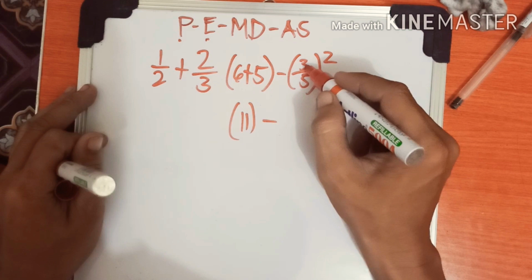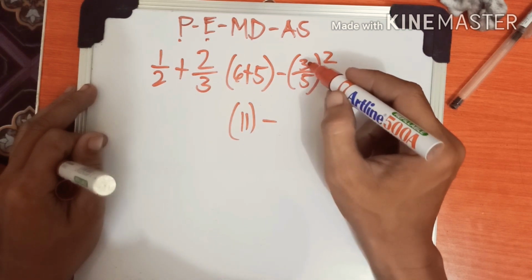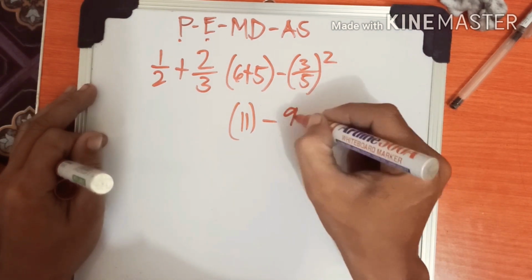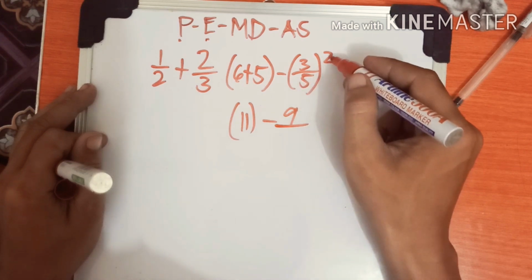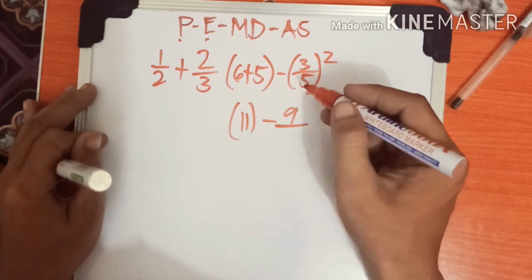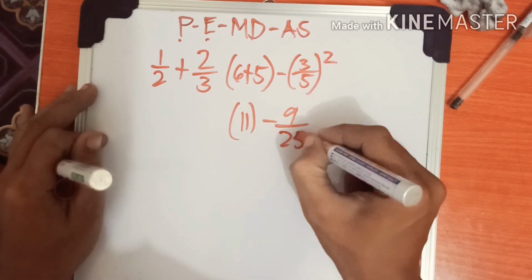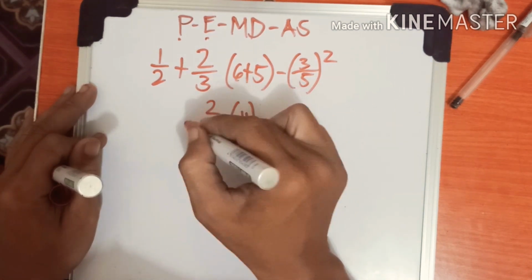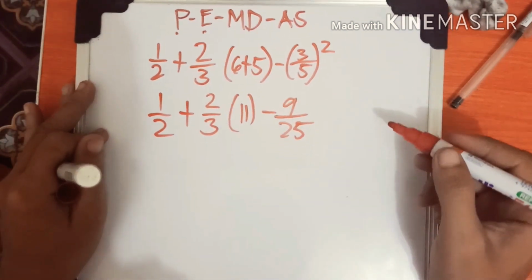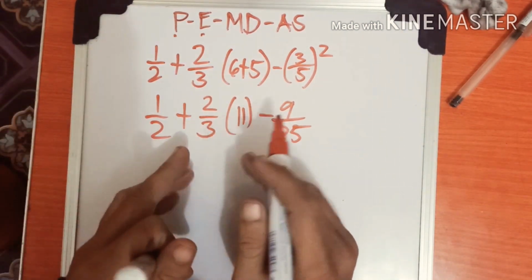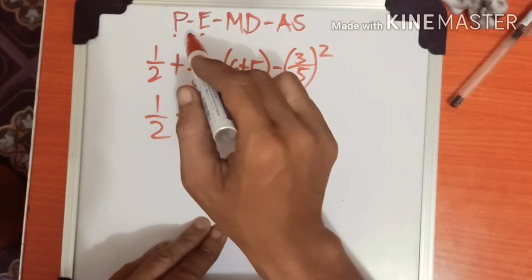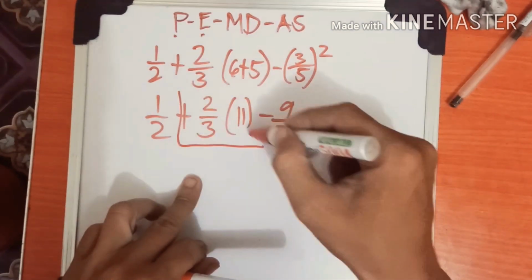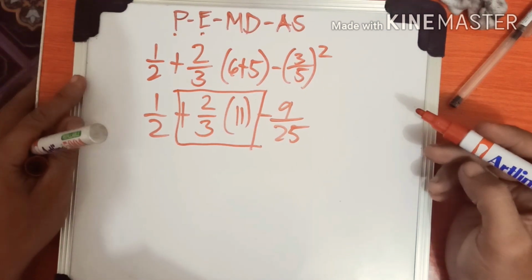The exponent is 2, so we multiply 3 times 3, that is 9, and 5 times 5, that is 25, and then copy the fraction on the left side, 1/2. Now we still have a parenthesis to solve, so we solve that area first.